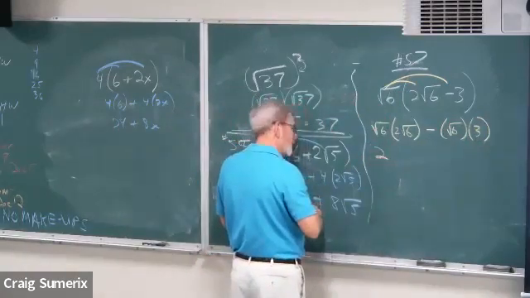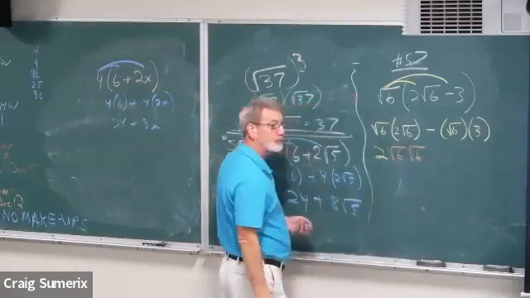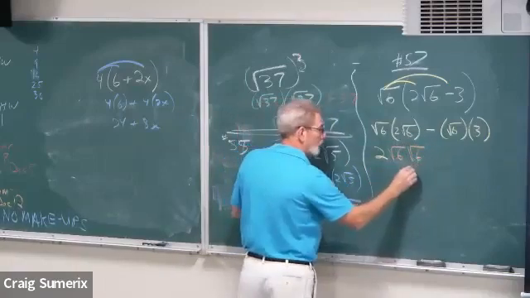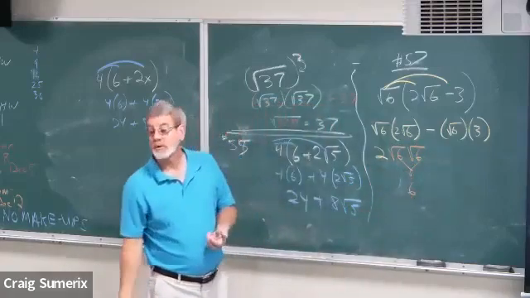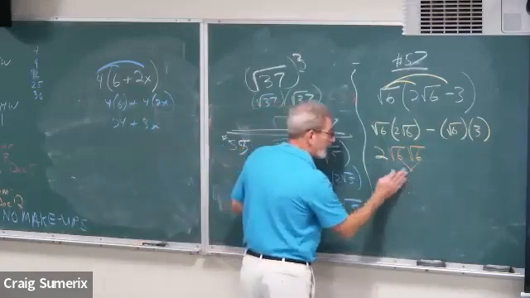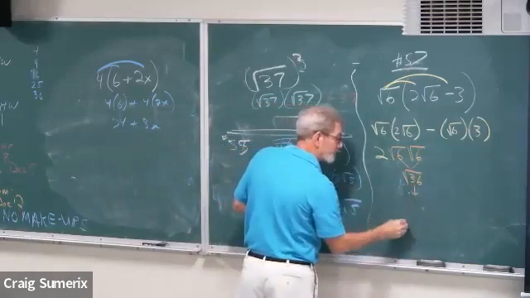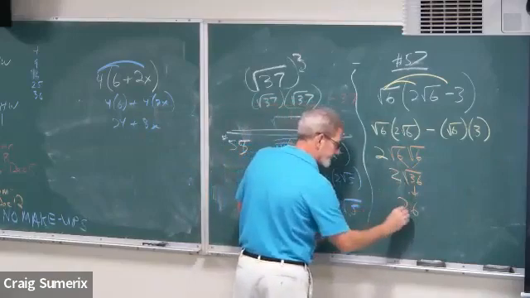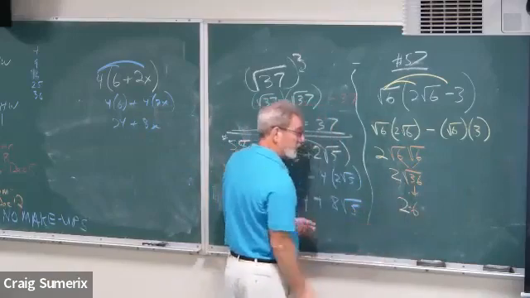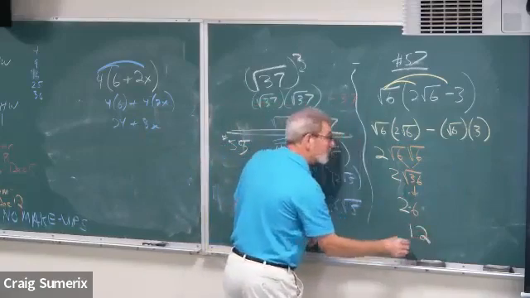Two square root of 6 times the square root of 6 gives you 6, doesn't it? Or if it helps, square root of 36, which is 6. And 2 times 6 is 12.